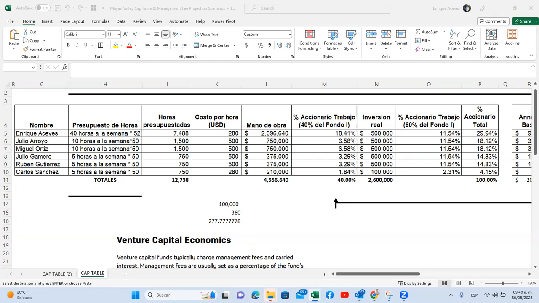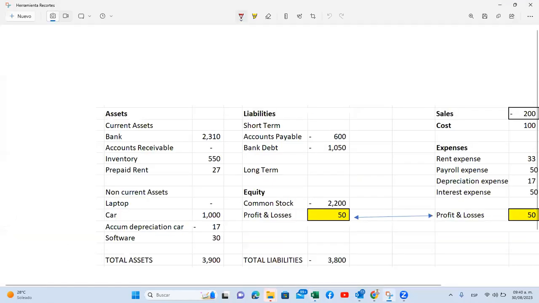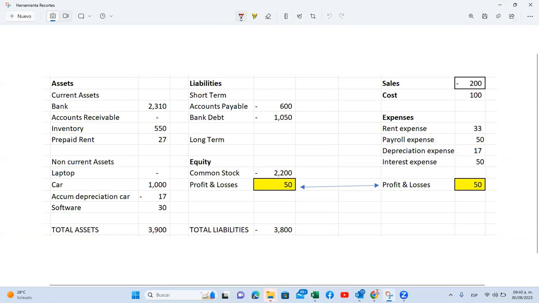Profe, ¿qué pantalla nos está compartiendo? Ah, sí, perdón. A ver, ahí se está. Sí, ya. Perfecto, ya está.